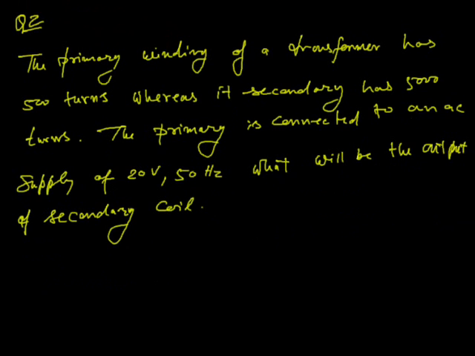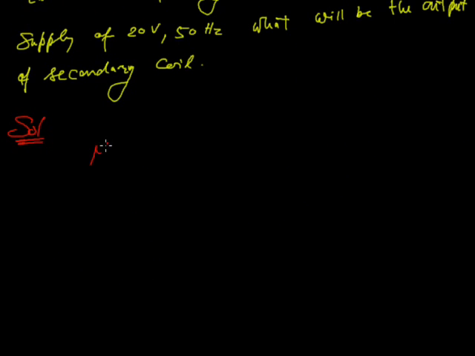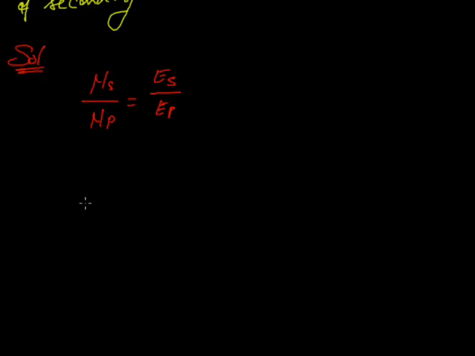Now come to the solution. We know that the ratio of the number of turns in the secondary coil to the primary coil is equal to the induced EMF in the secondary coil upon the primary coil. So ES will be equal to NS upon NP into EP.